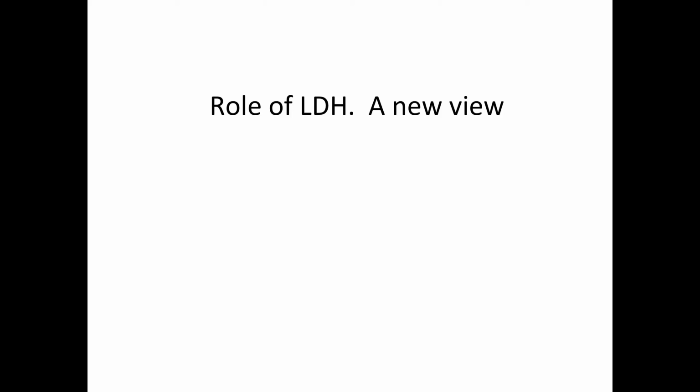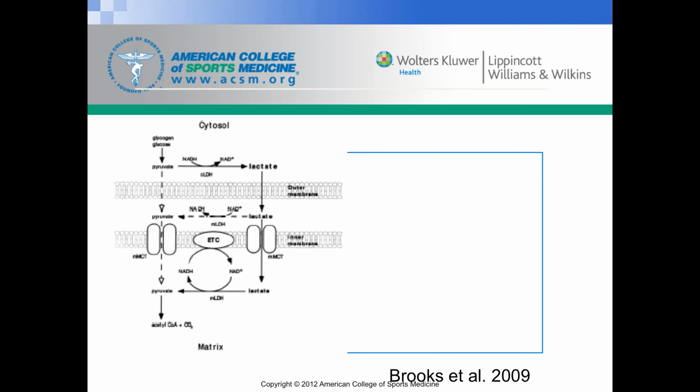Something else that is new, some recent evidence of this lactate shuttle, was originally shown by Brooks in 2009, and others have confirmed it. This is the original diagram. It's sort of hard to see, but here's the outer membrane of the mitochondria, here's the inner membrane, and here's a monocarboxylate transporter protein.